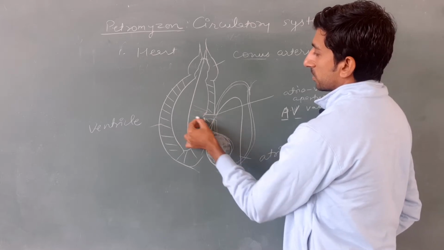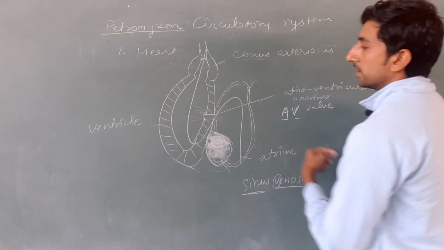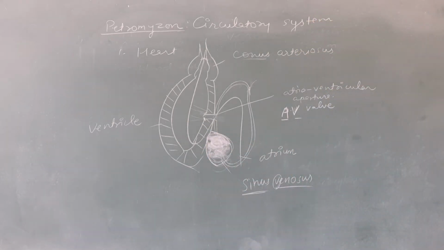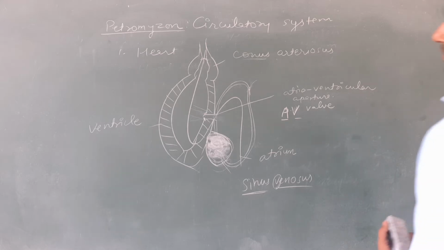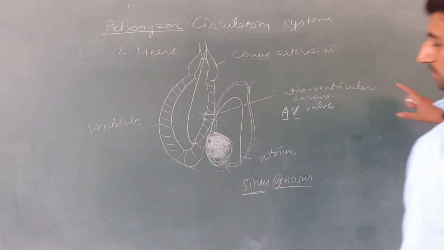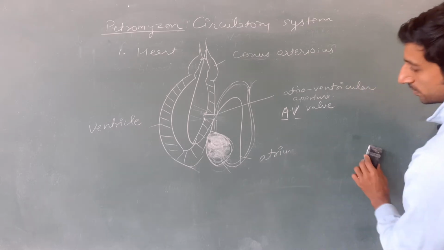These are connected to chordae tendineae. So this is the heart of Petromyzon.